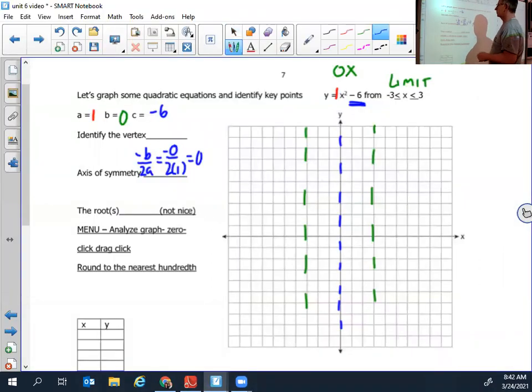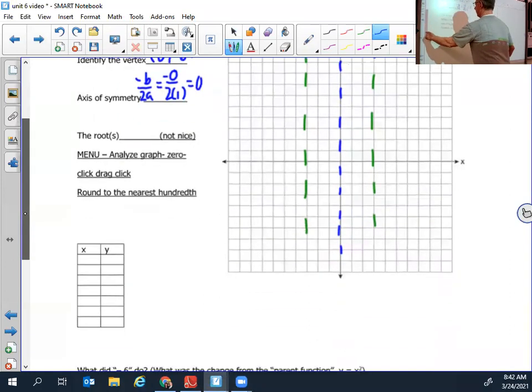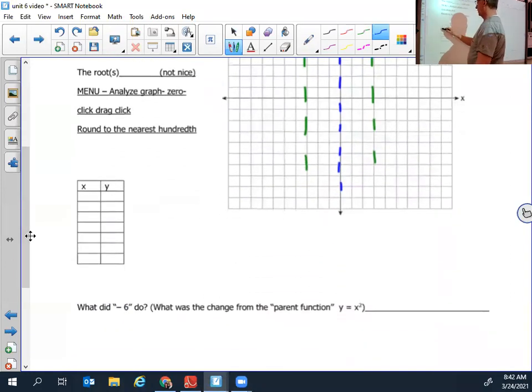So my vertex is at 0, negative 6. And if I go from negative 3 to positive 3, all right, fill in my points. I got negative 6 here, and these would be negative 5 and negative 5. I have to use my brain for a second.